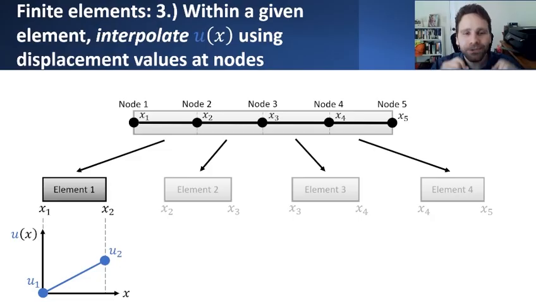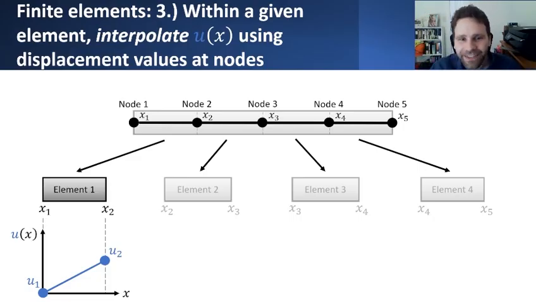But over any particular element, say element 1, within that element, I have to say something about how the displacement field varies local to that element. And if I know that the displacements at the ends of this element, at its terminating nodes, have these discrete values, let's say u1 and u2 at nodes 1 and 2, then I also have to make some assumption about how the displacement field varies within the element itself.